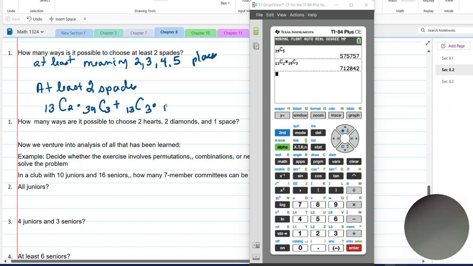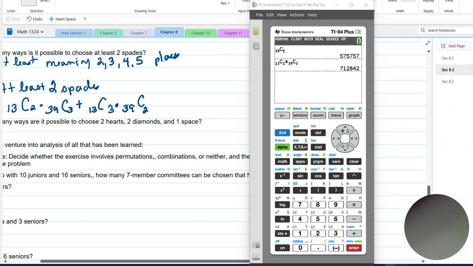Times 39, choose 2, plus 13, choose 4, because we're doing 4 spades, times 39, choose 1, because 4 and 1 make 5.